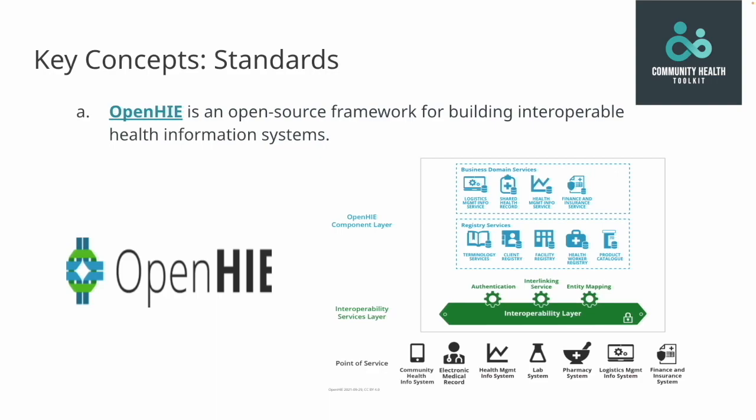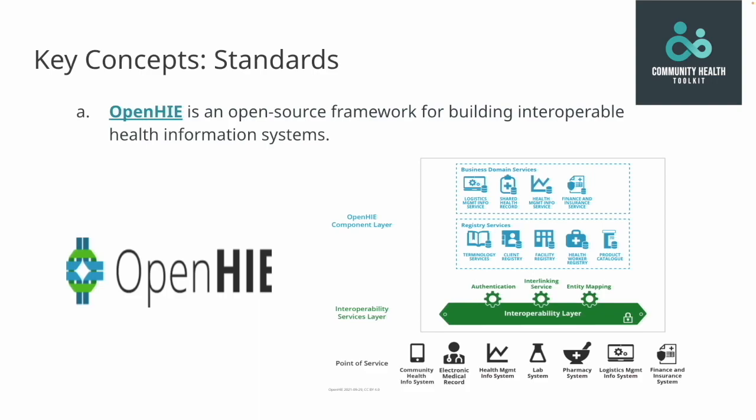So on the right we have a diagram just showcases this framework with an architecture where we have an interoperability layer that is highlighted in green, and below that we have the points of service where we have systems that have user interfaces. That includes community health information systems. We have EMRs, we have lab systems and LMISs, and then they're all able to access the component layers.